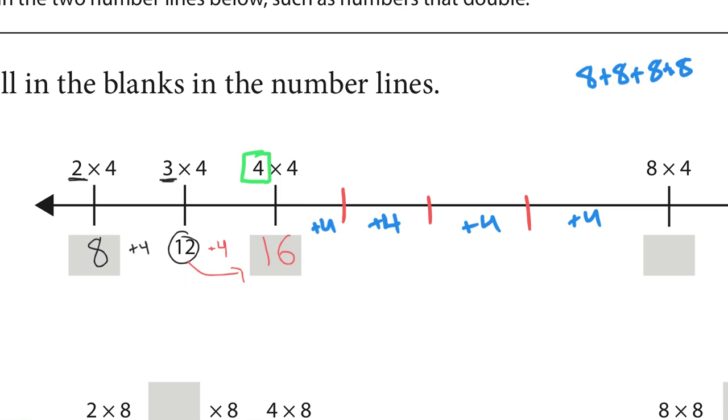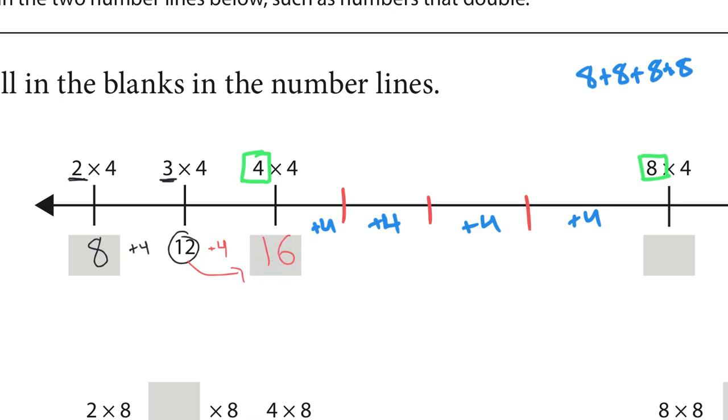4 times 4, 8 times 4. I want you to compare the 4 and the 8. Wouldn't you say that 4 times 4 and 8 times 4, this is twice as many? Because if I count 4 4 times, and then I count 4 8 times, well, 8 is twice as many as 4. So maybe I could think of this number as being twice as much.